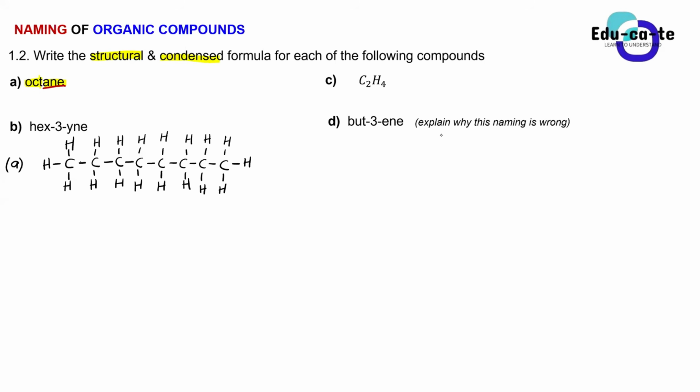So it's going to be CH3, then CH2, CH2 again, basically 6 CH2s: 1, 2, 3, 4, 5, 6.